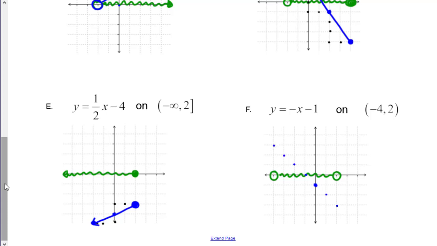Okay, I have open circles at the start and end of my interval, and connect my points in between. And that's all there is to drawing a graph on a restricted domain. And if you can handle that, you can definitely handle anything that we're doing with piecewise defined functions.